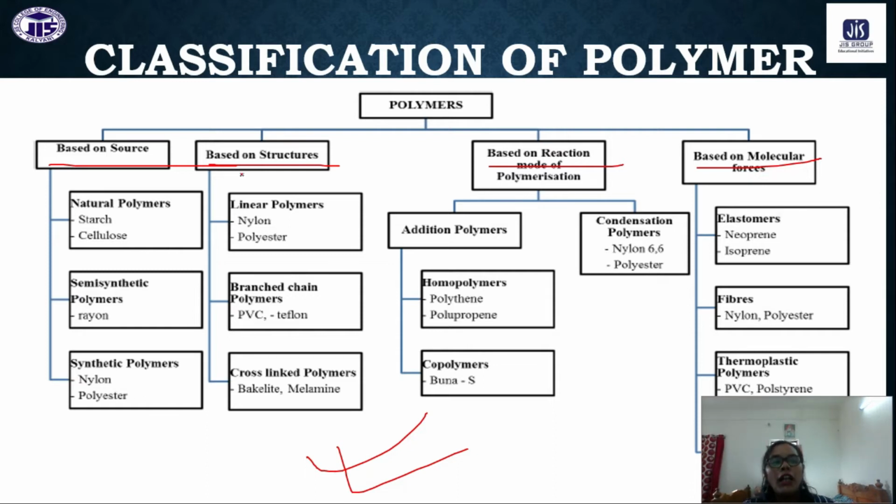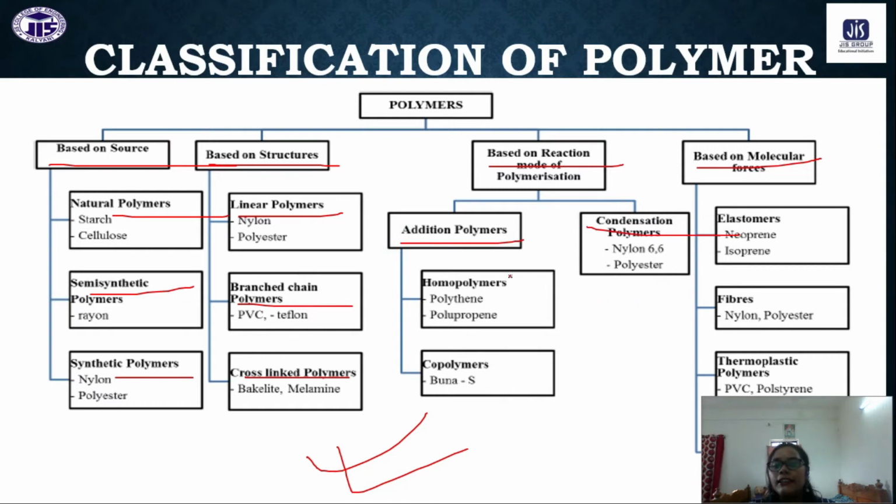Okay, so based on source we can divide into natural polymer, semi-synthetic polymer and synthetic polymer. Based on structure there are three types of polymers: linear polymer, branched chain polymer and cross-linked polymer. Based on polymerization reaction, which we will discuss today, there are addition polymerization and condensation polymerization.